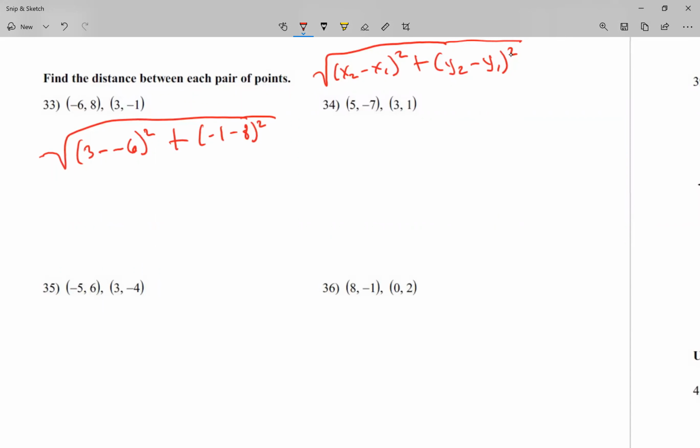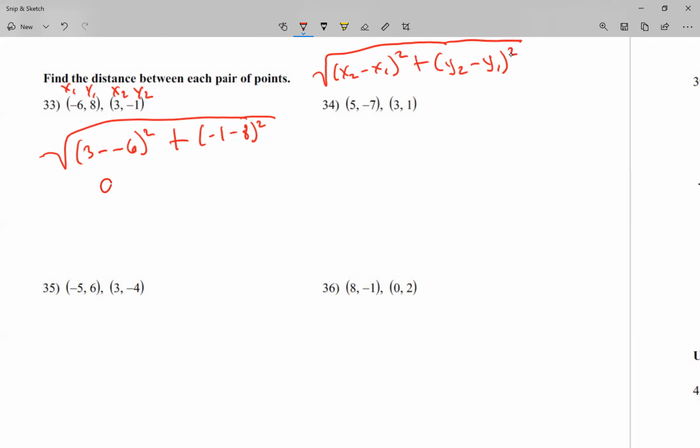Remember the notation, the x2, x1, what's y2, what's y1? What it means is my first point, I'm going to call it x1, y1. That means the x of the first point, the y of the first point. My second point, let me call it x2, y2, which means the x of the second point and the y of the second point.